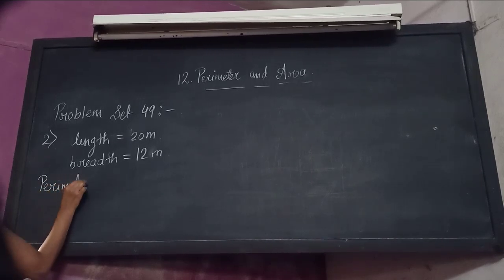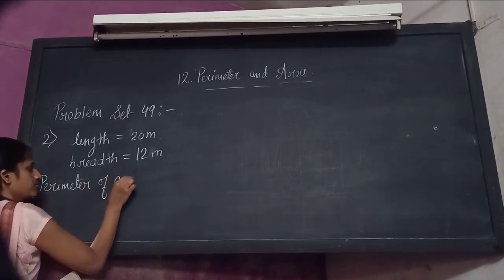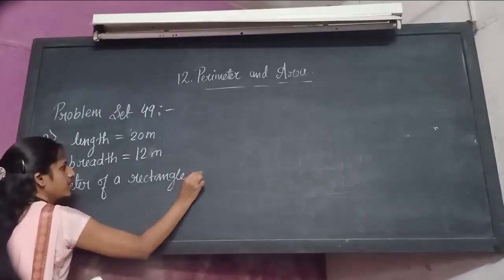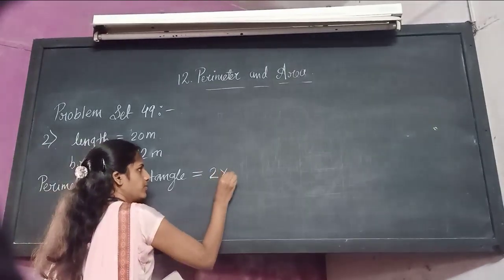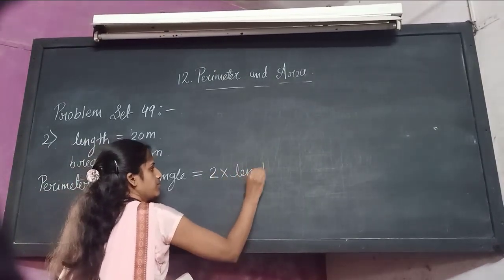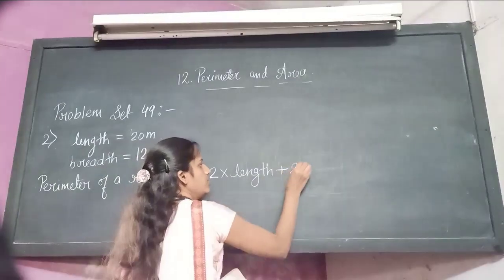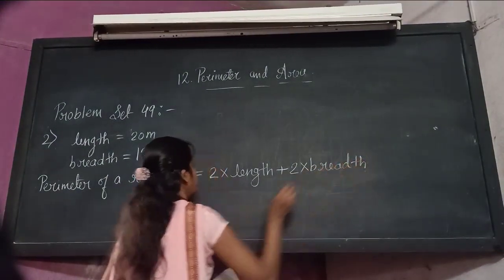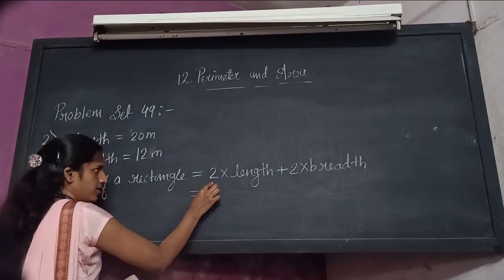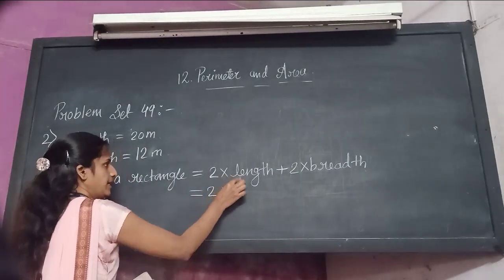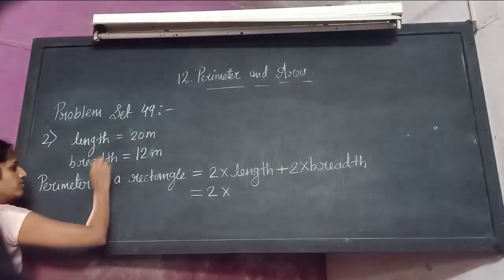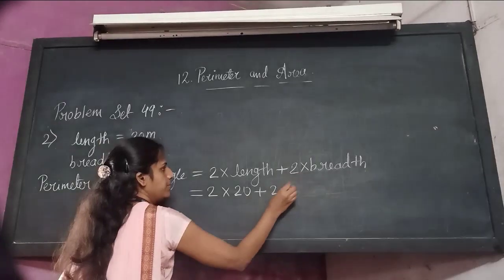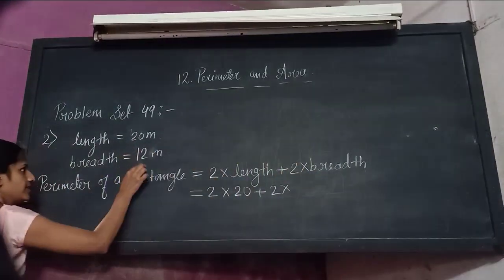The perimeter of a rectangle is equal to 2 into length plus 2 into breadth. Just put down the values. First we will copy equal, then 2 multiply. In place of length, we will write 20. Again plus 2 multiply. In place of breadth, we will write 12.